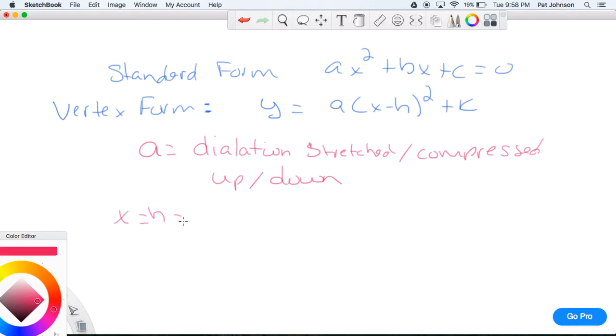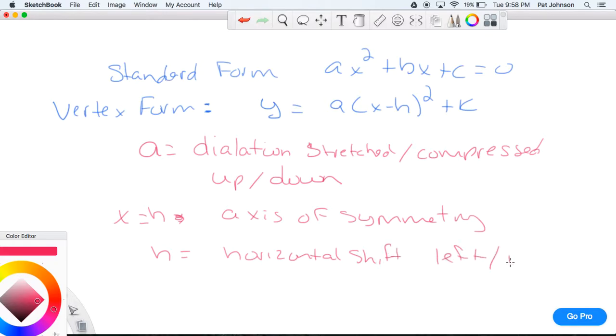X equals h gives us the axis of symmetry. H also tells us the horizontal shifts, left or right.